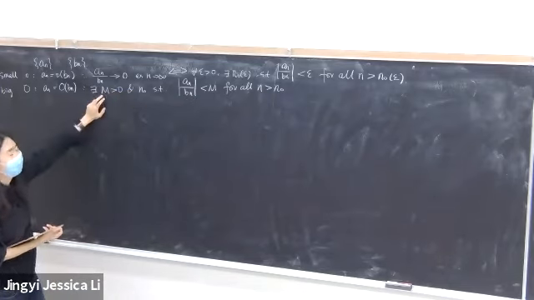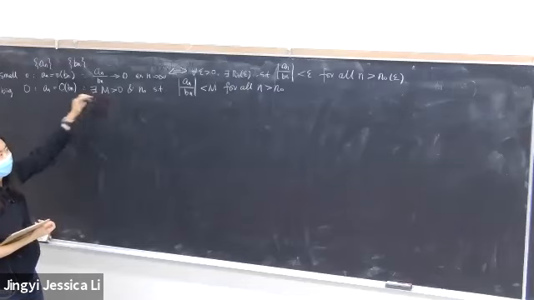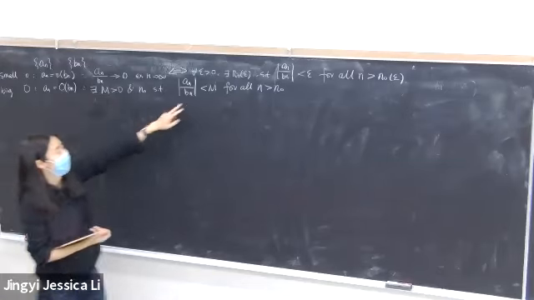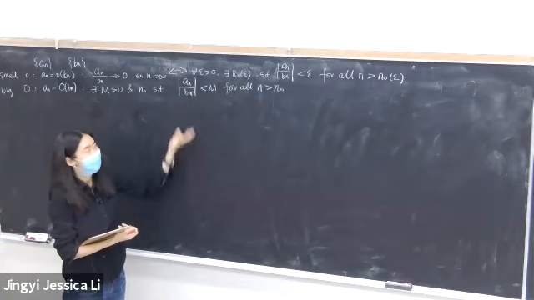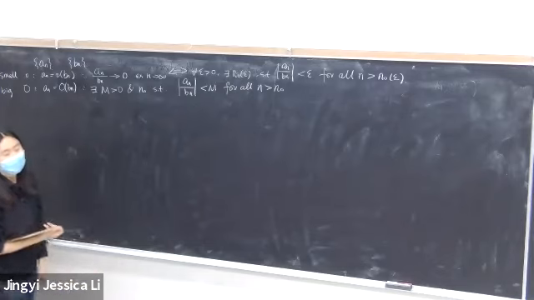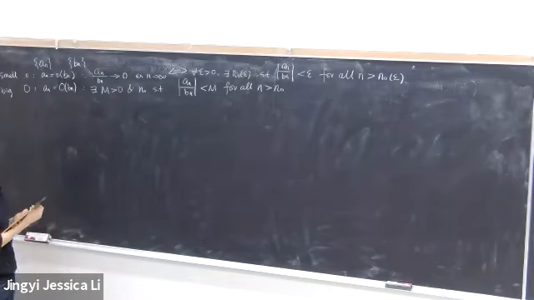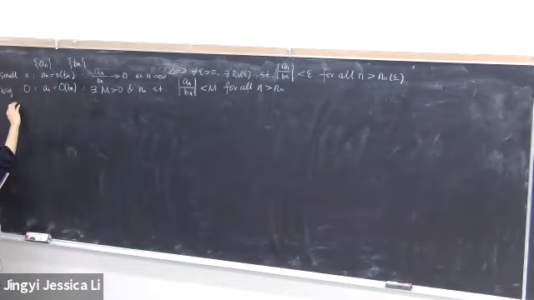Also this M may not go further down. For example, M may be 10, but you cannot let it go down to 5, then this upper bound doesn't hold. These are the differences we must realize. So this is small o, and this is big O, and big O is more often used.